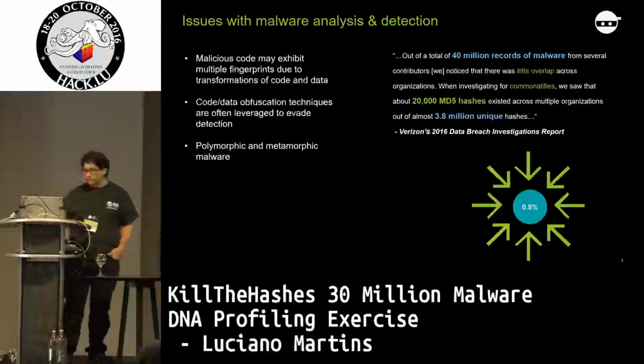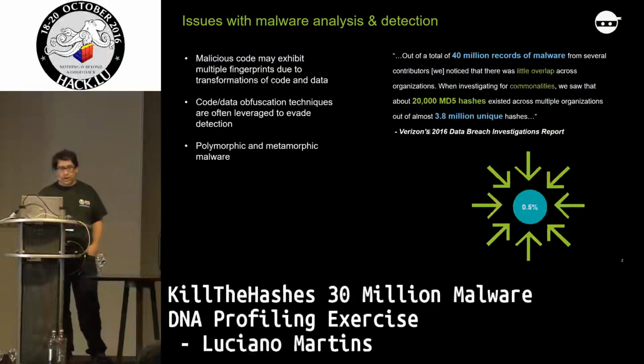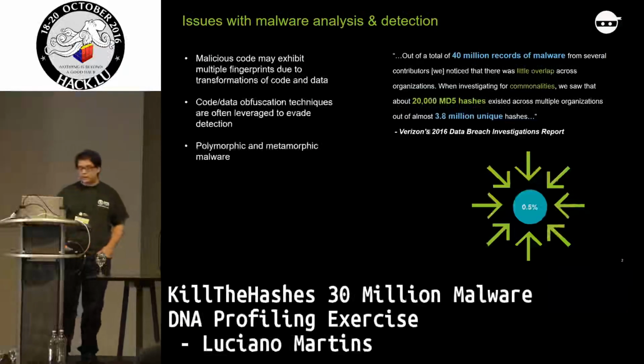When we started this research, we knew that we were going to encounter a few things that are quite complicated. For malware hunters and malware researchers, there's a lot of code that is being obfuscated, transformed, or manipulated in a way that makes the work quite difficult.